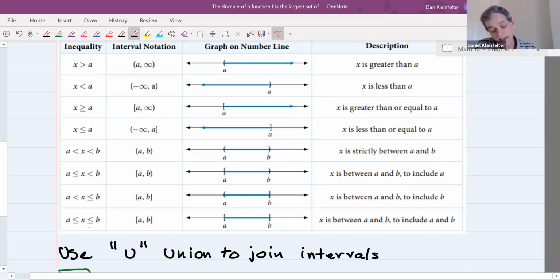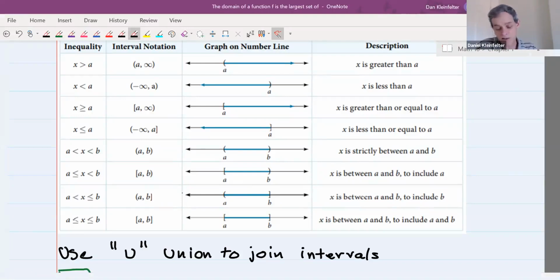And here they've listed all four possibilities, ranging from both not including a and b up to including both a and b. Again, parentheses are used to indicate that the endpoints are not included. Brackets are used to indicate that the ends are included. That can seem really picky, but as you know, math is a very detailed subject, and sometimes the littlest thing makes a big difference. So it matters whether you have a parenthesis or a bracket.